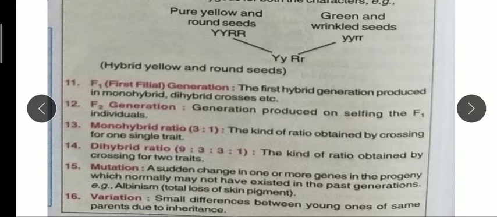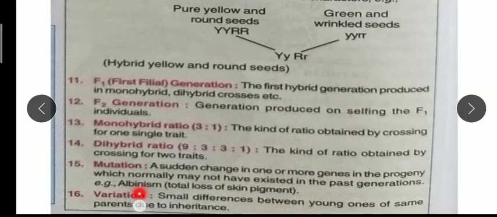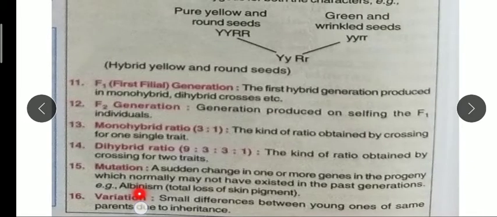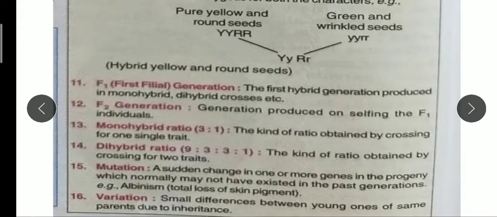This is albinism. Albinism is a disease in which people do not have the melanin pigment, so they lose the total skin pigment. Our Indian skin has melanin pigment, but in some cases people lose the skin pigment melanin because of this mutation process, which is a change in the genes.